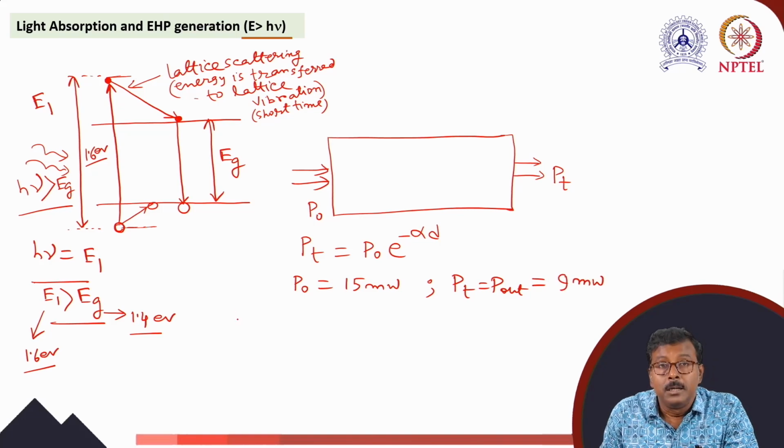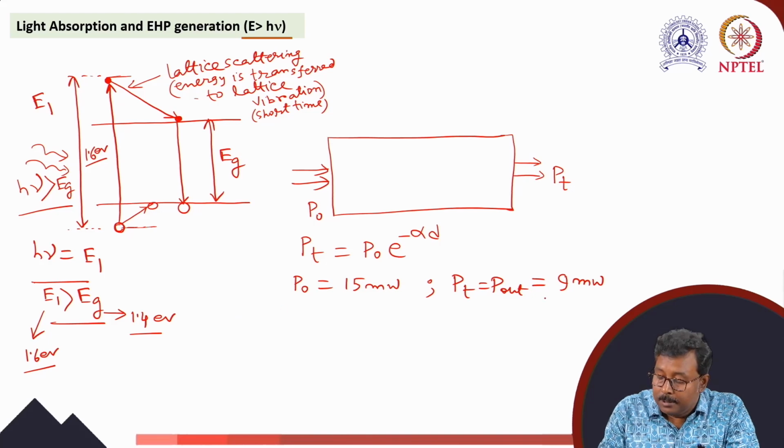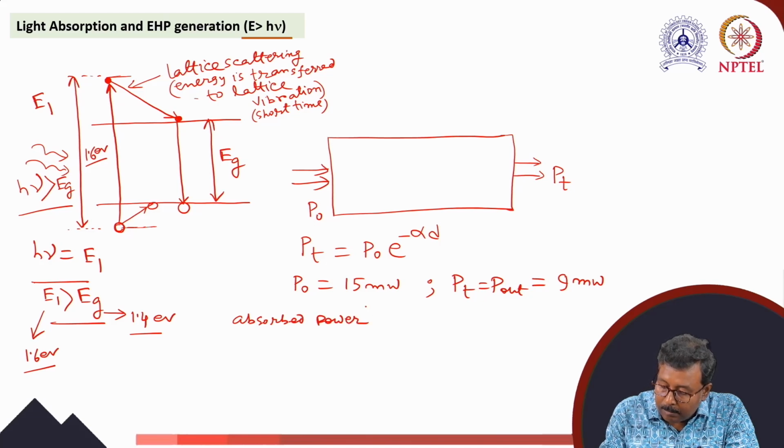So how much power is absorbed? The absorbed power will be P0 minus P out, 6 milliwatt.